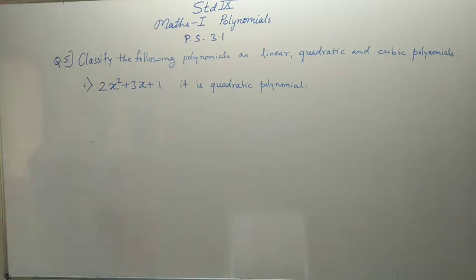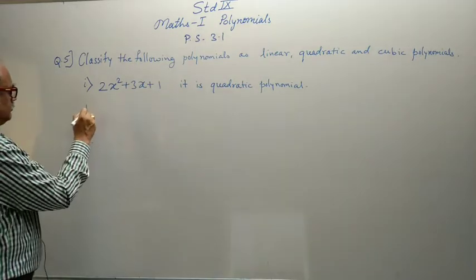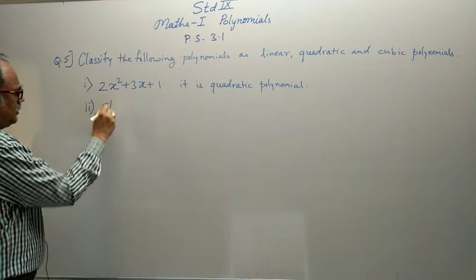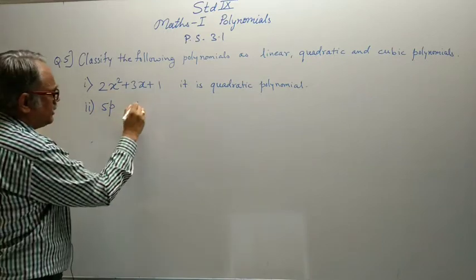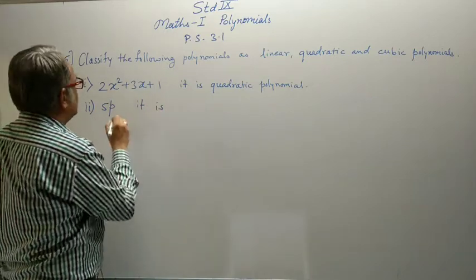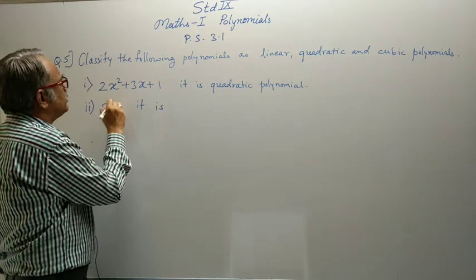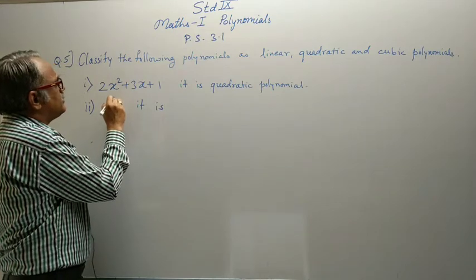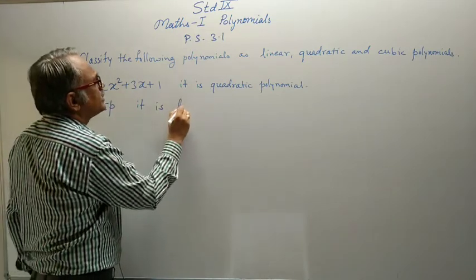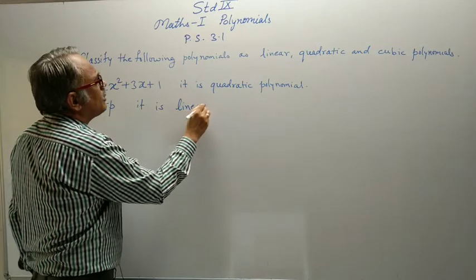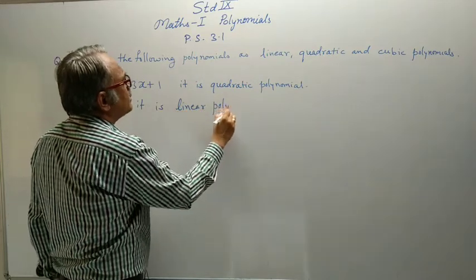Then second, 5p. The only variable is p and only one, degree is 1, p means p raised to 1. It is linear polynomial. Degree 1 means linear polynomial.